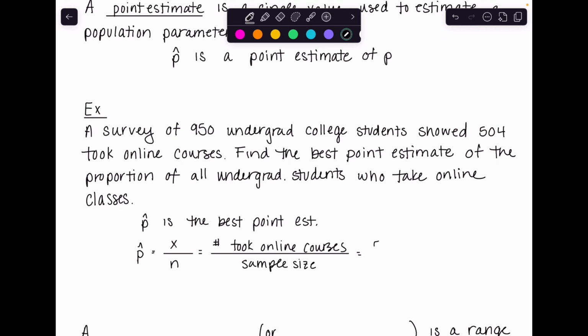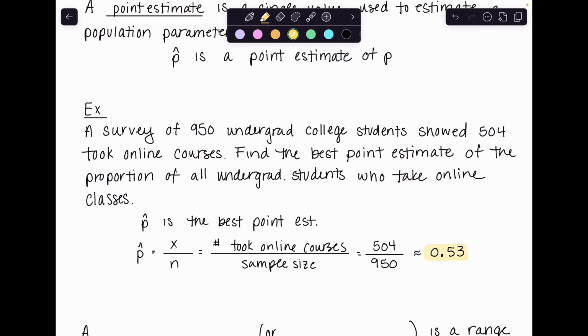So in this case, 504 individuals out of 950 took online courses. And if you plug that in your calculator, it's about 0.53. So 53% of people took online courses.